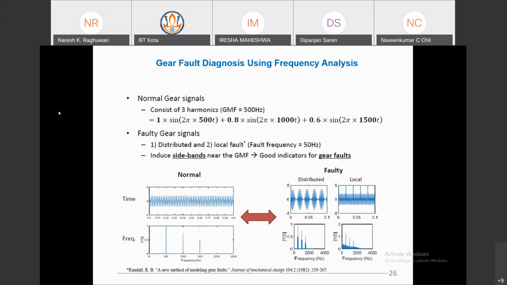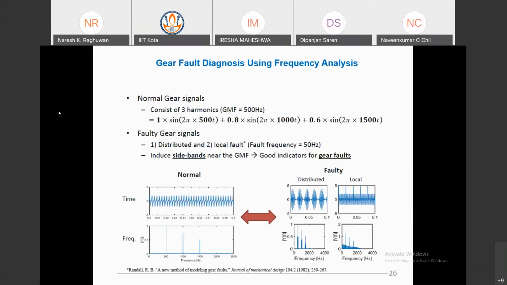In the frequency domain, fault diagnosis uses the gear mesh frequency, which I have already explained. Suppose the gear mesh frequency is 500 and we take some simulated signal here, a Fourier transform of sines and cosines.